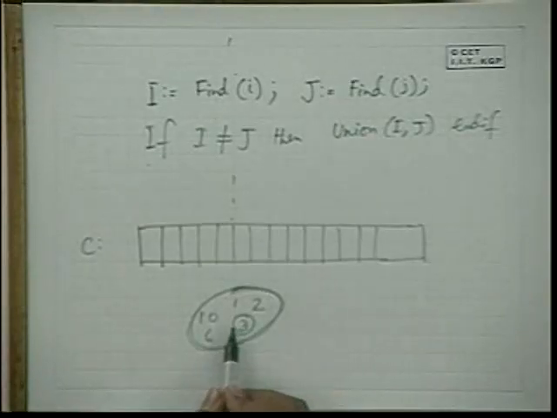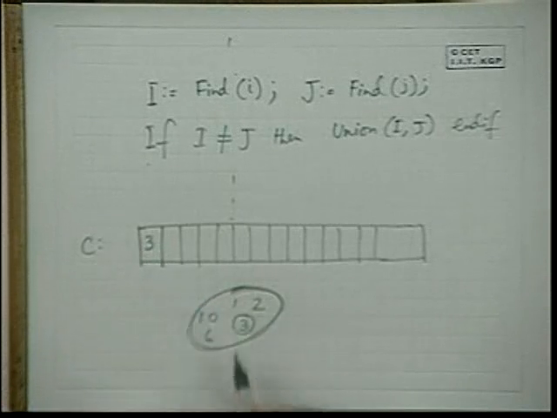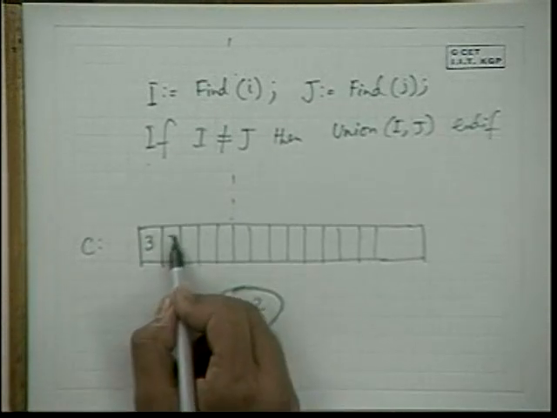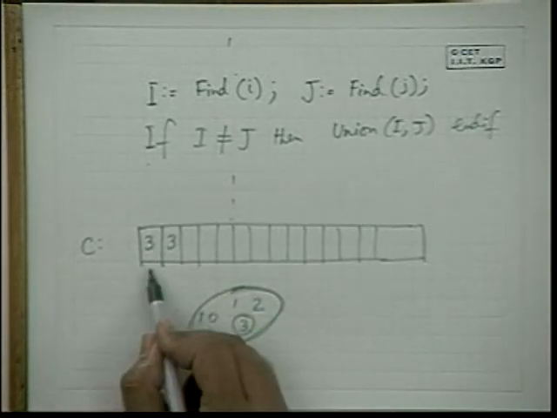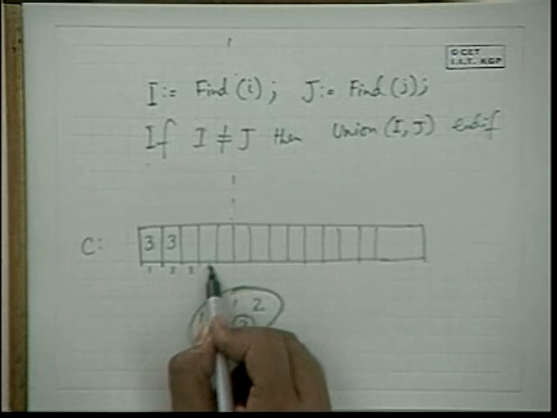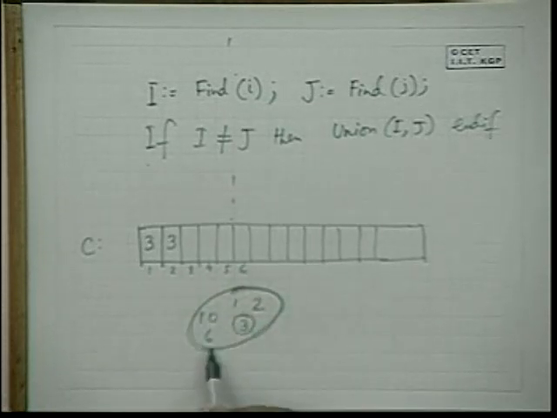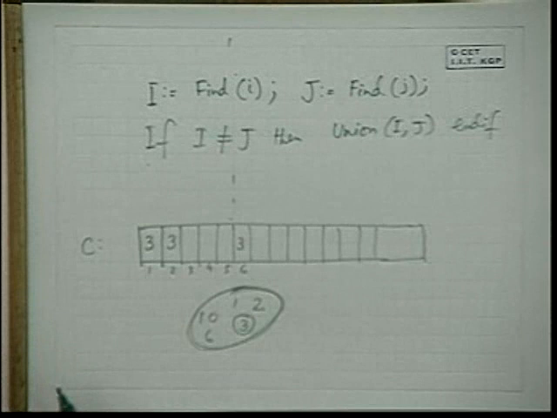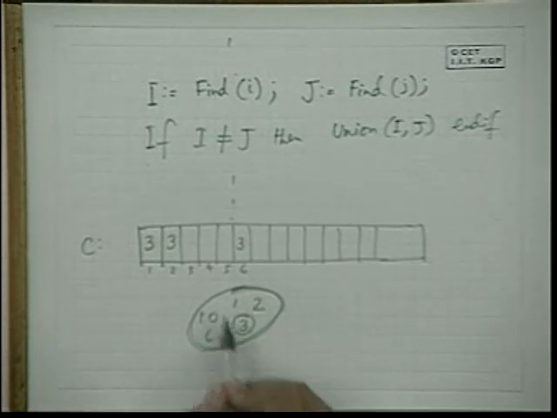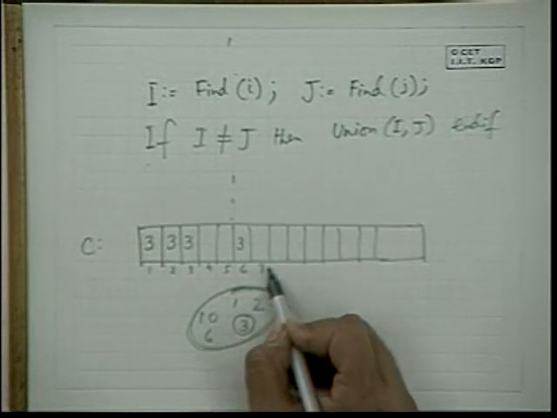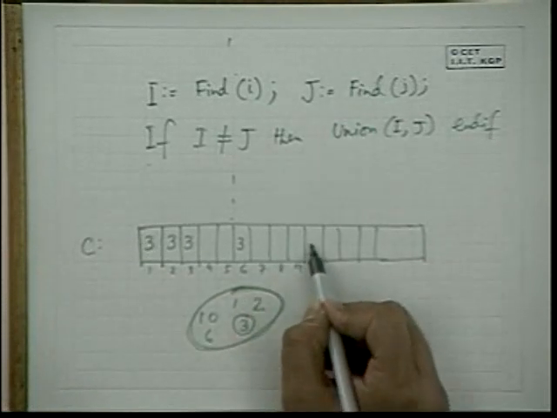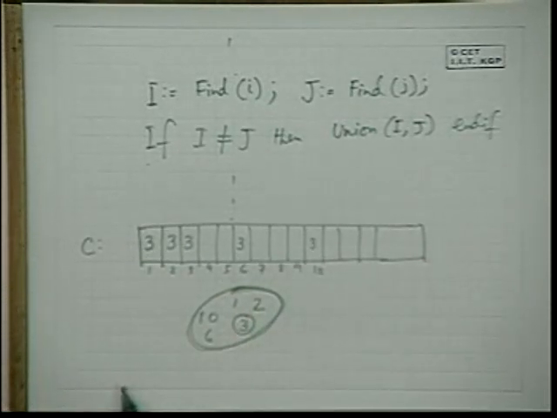So 1 belongs to the set with the name 3, so C[1] will contain 3. 2 also, C[2] will contain 3. Then 6 again contains the name 3. Then C[3] again contains 3. Then 10 will again have 3.